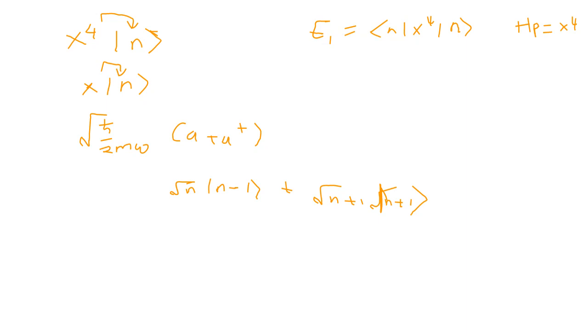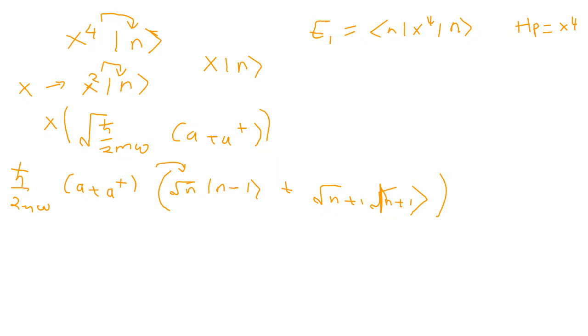Then you hit it again with another x. So this gives you x², so you end up with ħ over 2mω times (a + a†), and now it's acting on the result that you got when x was acting on |n⟩.